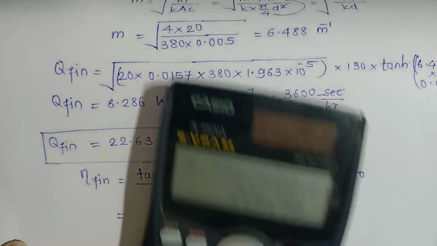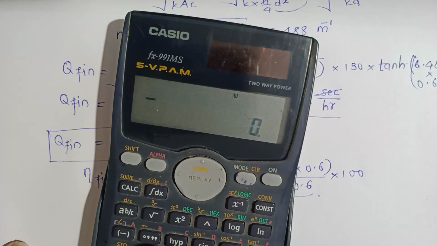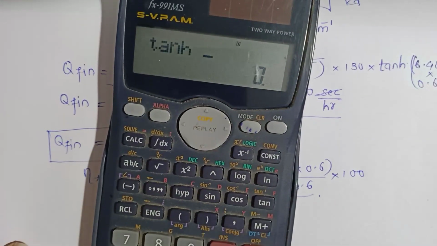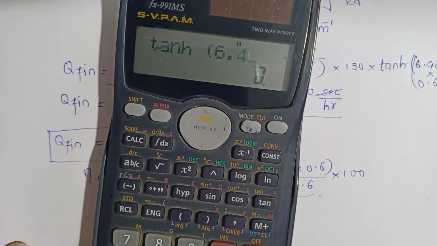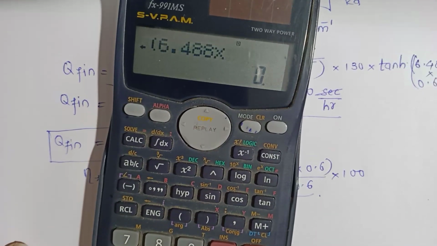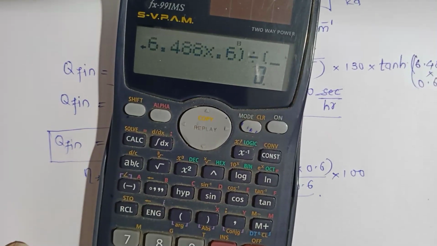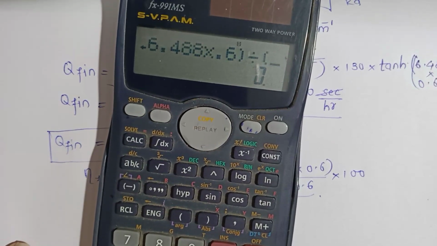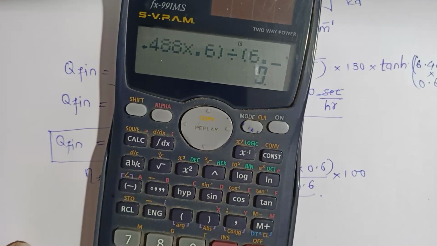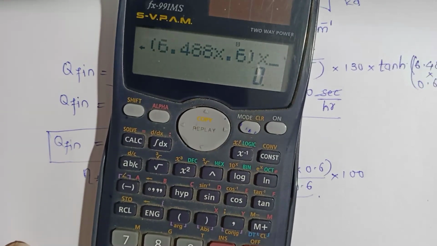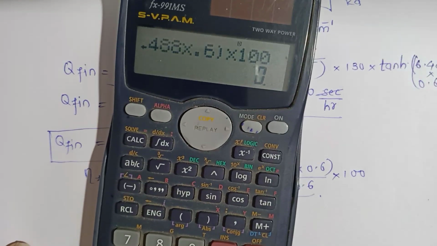So let us calculate that. I will again calculate it in front of you. So it will be hyperbolic tan of the quantity 6.488 multiplied by 0.6. This is the numerator. Now the denominator, put one bracket because the ratio is to the entire ml quantity, 6.488 multiplied by 0.6, and then multiply this entire equation by 100.